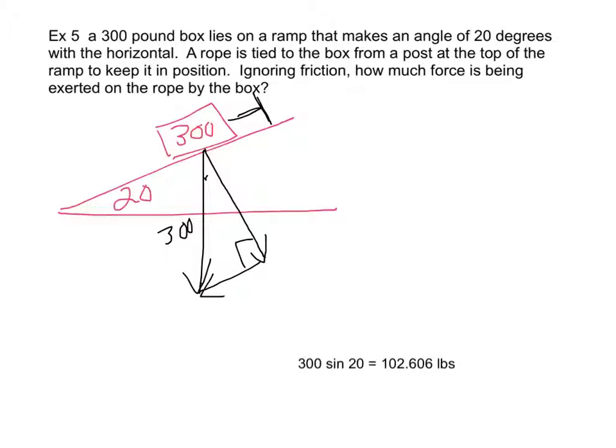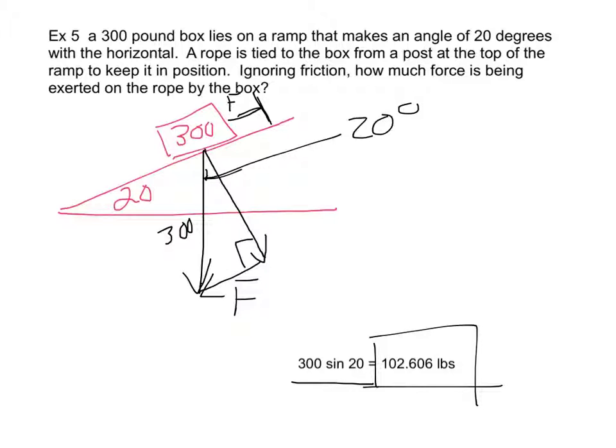This angle right here is also 20 degrees. They're looking for this force because the force going down the hill has to be equal to the force going up the hill in order for the box to not be moving. So all I have to do is take 300 times the sine of 20, good old SOHCAHTOA, opposite over hypotenuse, and I get 102.606 pounds is what's holding this force on the rope.